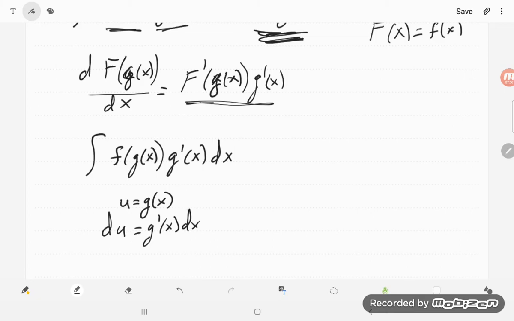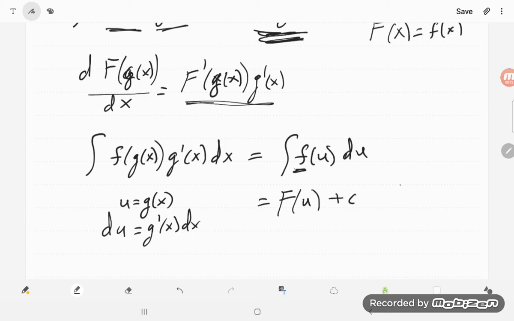And so I can substitute those pieces in, and that makes this, depending on what f is, a simple antiderivative, right? It's just that function, and hopefully I know its antiderivative. And so suppose its antiderivative is uppercase F of u plus a constant.